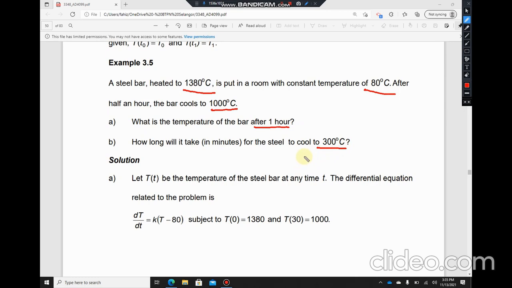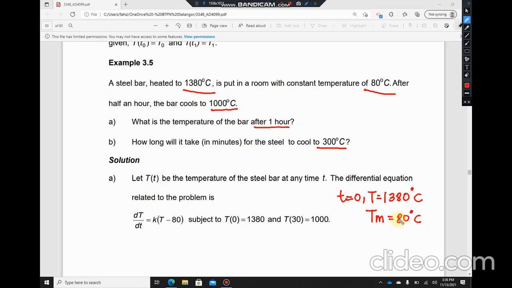First, a steel bar heated to 1380 degrees Celsius. It means that for the first piece of information, when t equals 0, the temperature is 1380. Then it is put in a room with constant temperature. So there is one more temperature, which is room temperature, 80 degrees Celsius.